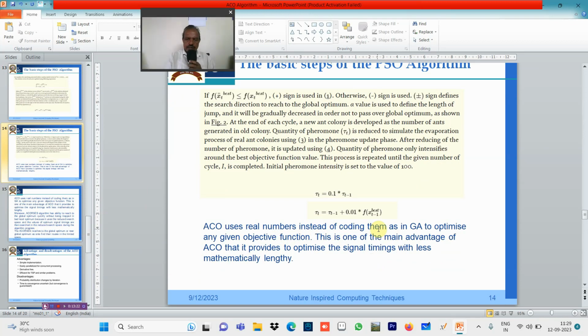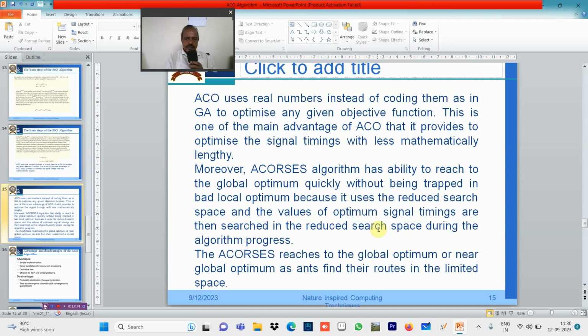This is one of the main advantages of ACO, that it provides optimization of the signal timing with less mathematical length. Moreover, the ACO algorithm has the ability to reach the global optimum quickly without being trapped in the local optimum, because it uses reduced search spaces and the values of the optimal time bases.